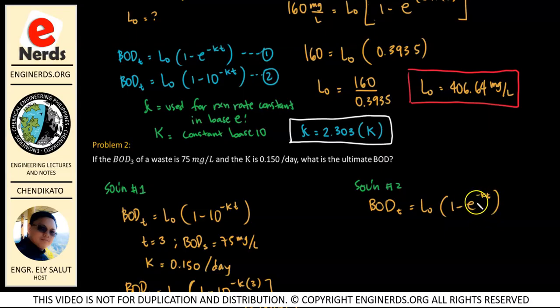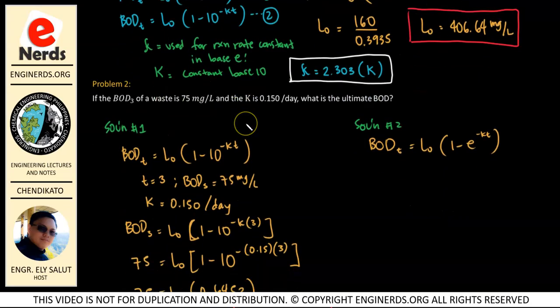Para magamit natin yan, yung base E, kailangan yung K natin is to be converted dito sa small letter K, no? So, alam natin yung value ng big K, no? So, we have here K is equal to 2.303 times yung ating K, which is 0.15 per day.